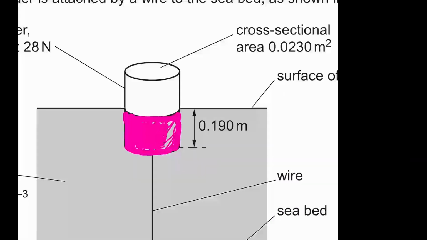That is the V we are going to take. So how do we get the V? The volume of the cylinder is given by the cross-sectional area multiplied by this height.